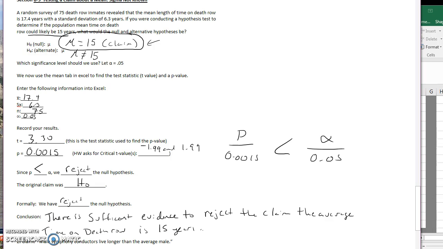We don't know what it is. It could be something, it could be more than, it could be less than. We just know it's not 15. So when the null hypothesis is our claim, we are either saying it is a value or it's not. In this case, we're saying it's not 15 years.